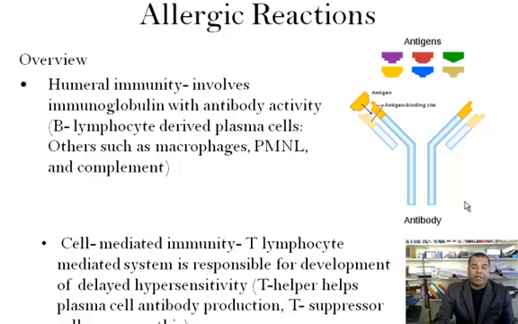Whereas cell-mediated immunity involves the T lymphocyte-mediated system and is responsible for the development of delayed hypersensitivity. T helper cells help plasma cell antibody production, and T suppressor cells suppress this.